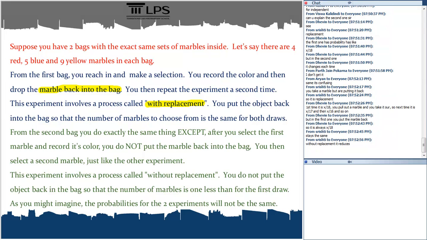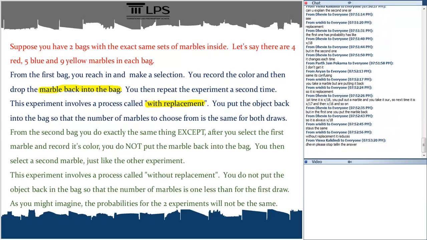Yes, in the first instance, where the slide has the information in blue, that is a with replacement case. Now see what is happening in the second one, which is in green. There's a little change there. From the second bag, you do exactly the same thing, except after you select the first marble and record its color, you do not put the marble back into the bag.